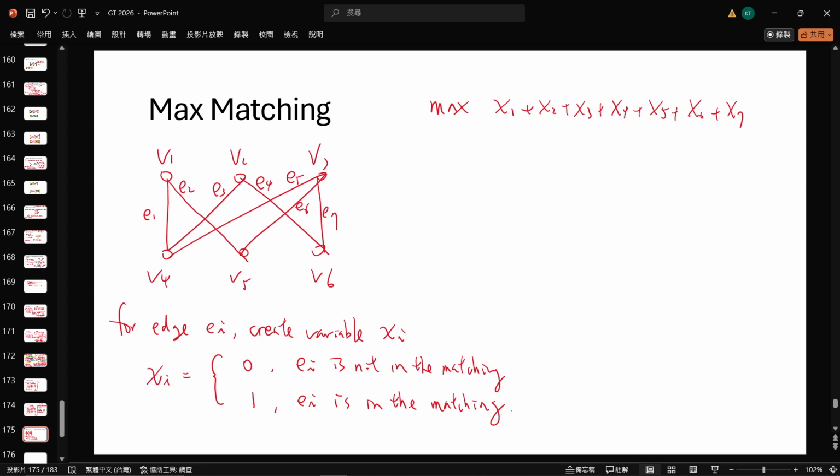So by computing the sum of all the variables, you get the number of edges in the matching. And because we want the maximum matching, we want to maximize the number of edges in the matching. So that's our objective function.